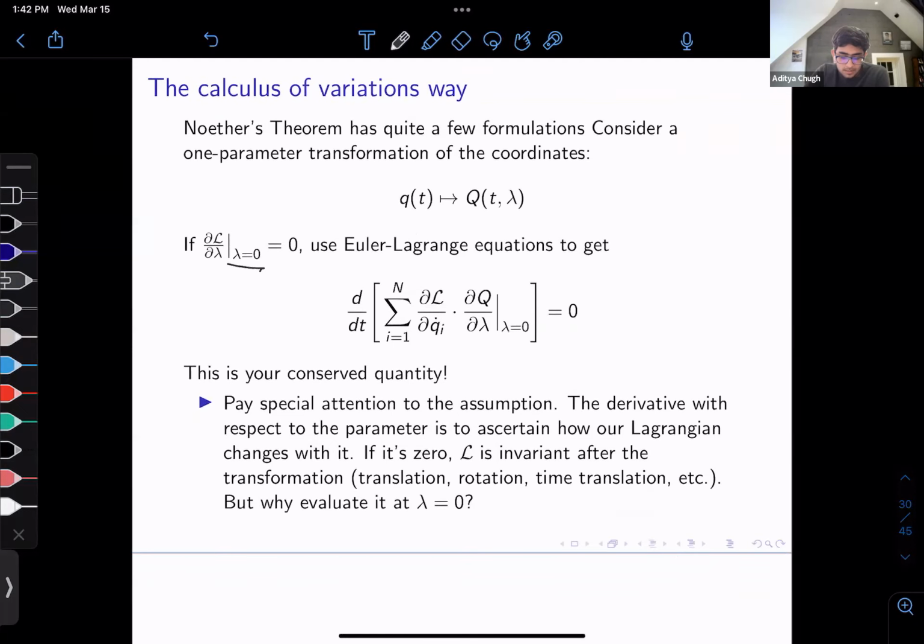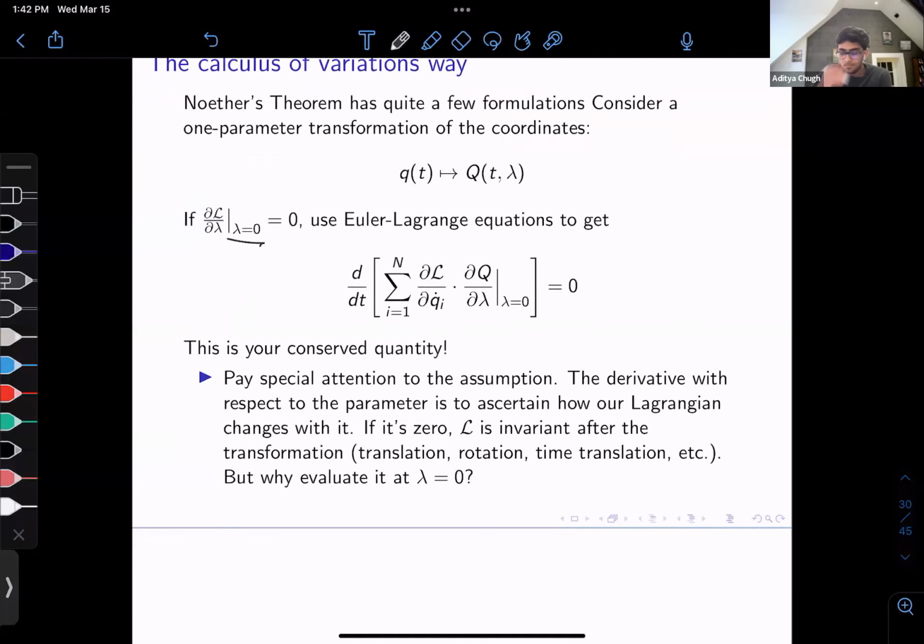And this is something that you would want to deal with, because this is easier to deal with. Say you have a translation or rotation, then studying just a small translation, an infinitesimal translation, should give you as much information as studying an entire translation.